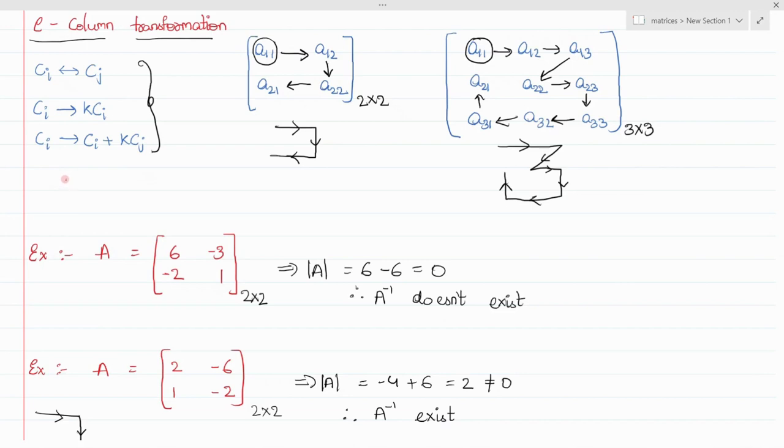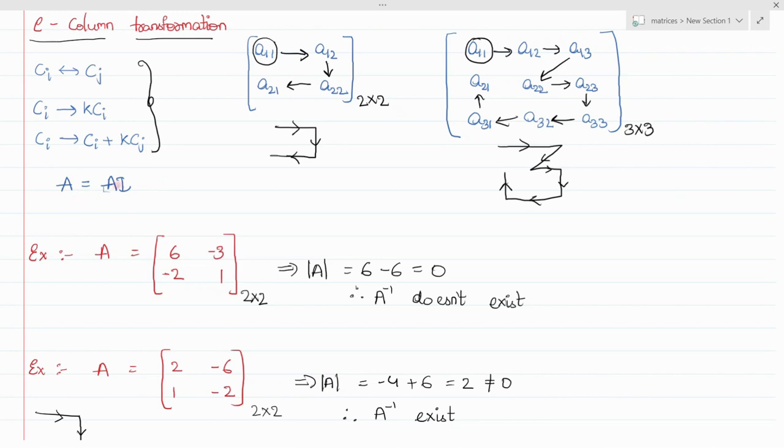The first step we need is to write it as A is equal to A into I. But in row transformation, we have written A is equal to I into A. But here we will interchange this.